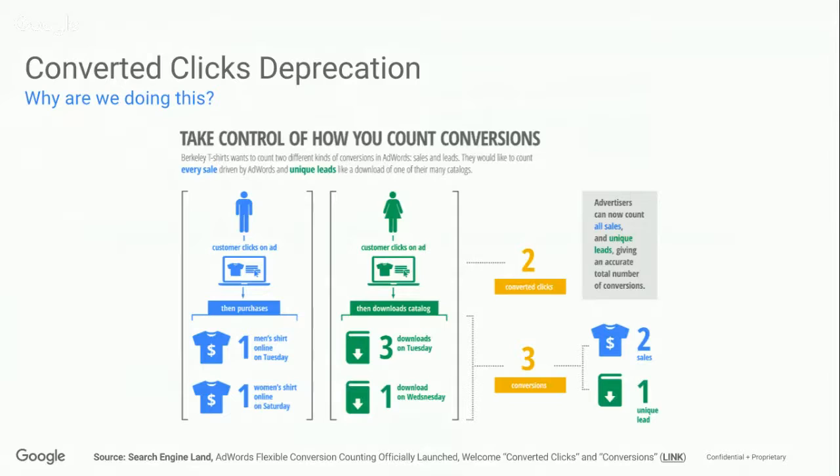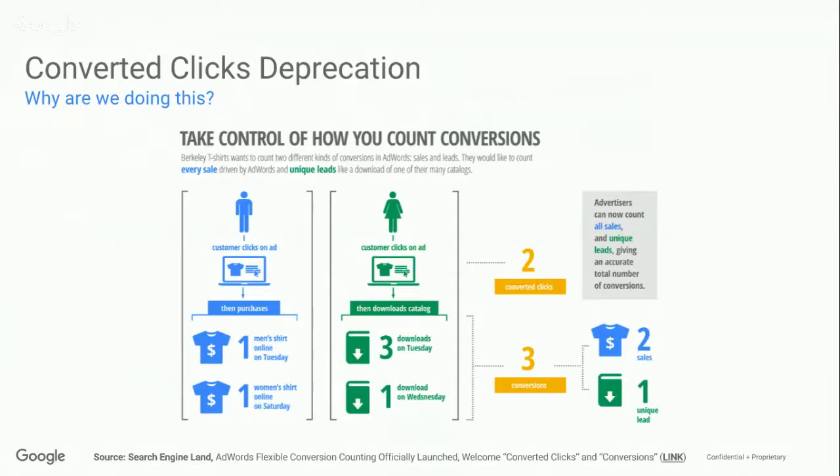So we have two customers now that have clicked on the ad and gone to the website. Customer number one, after clicking on the ad, purchases one shirt on Tuesday and another on Saturday. Customer number two clicks on an ad and downloads a catalog 3 times on Tuesday and once on Wednesday.